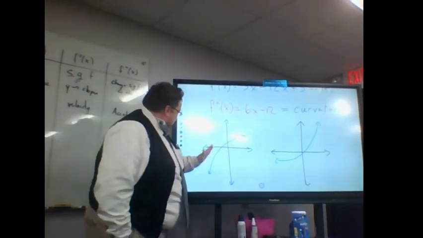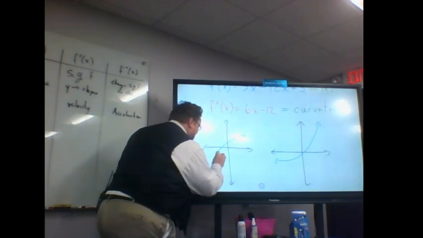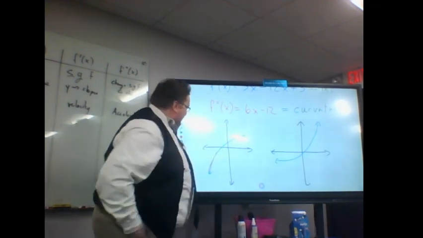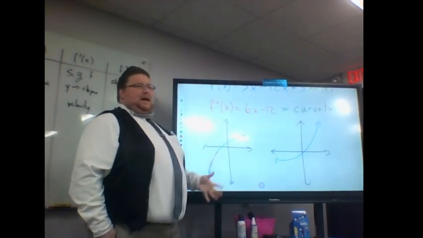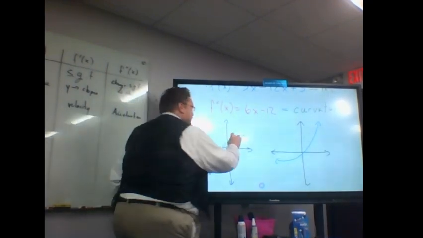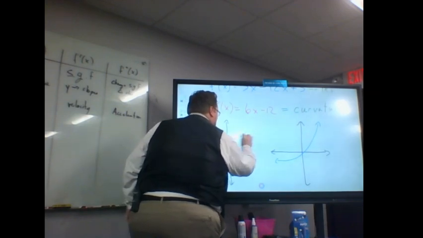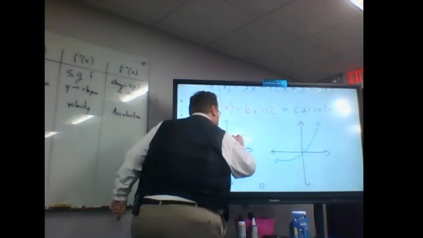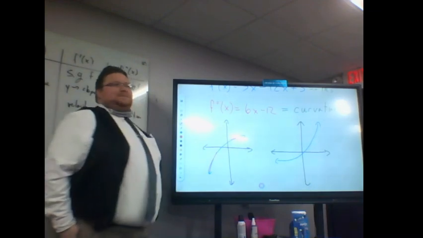So again, if we were to draw little tangent lines, right here we have a pretty positive slope. We'd say that this has a very positive value. It might be like a 6 or 5 or somewhere in there. Whereas over here, it's still positive, it's a lot less so.